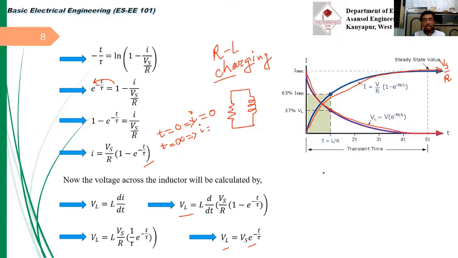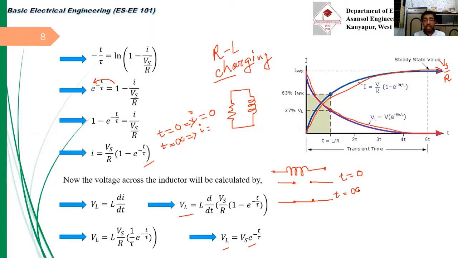That means at t equals 0, the inductor is like an open circuit, but at t equals infinity, it will act as a short circuit.